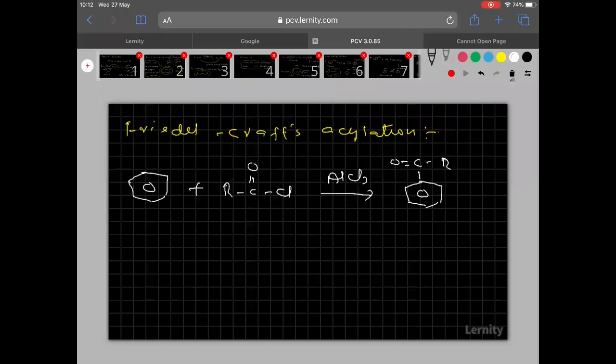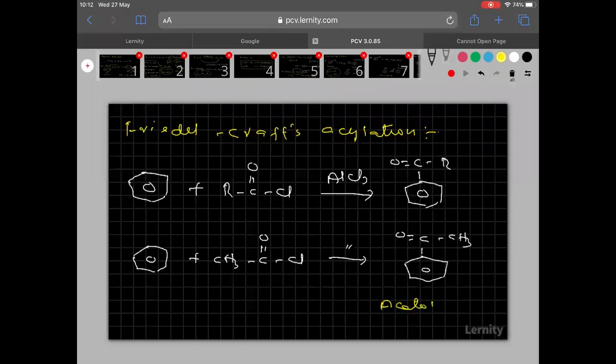Completed. Now let me take one example to explain still more clearly. In place of R, if I take CH3COCl in presence of this AlCl3, now we get C double bonded O CH3. What is the name of this compound? This compound is said to be acetophenone. Acetophenone is a ketone, remember everyone.